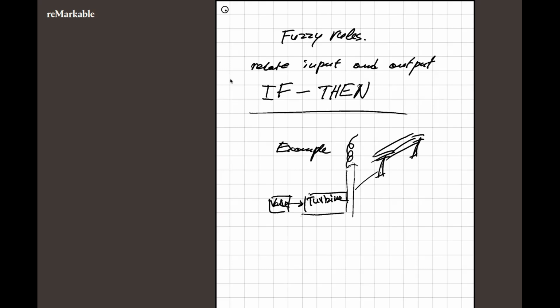And then this control, we will base on the observations of two variables, temperature and pressure.